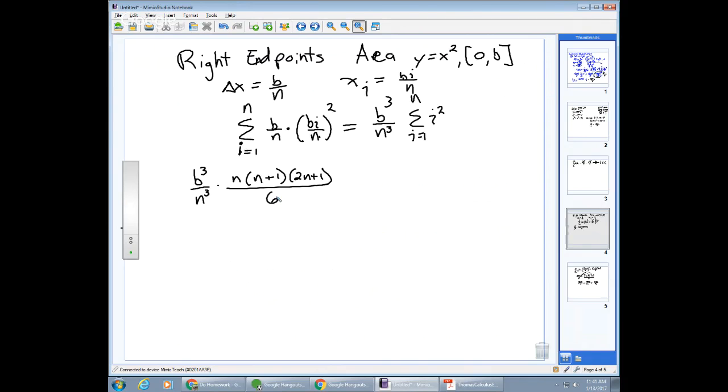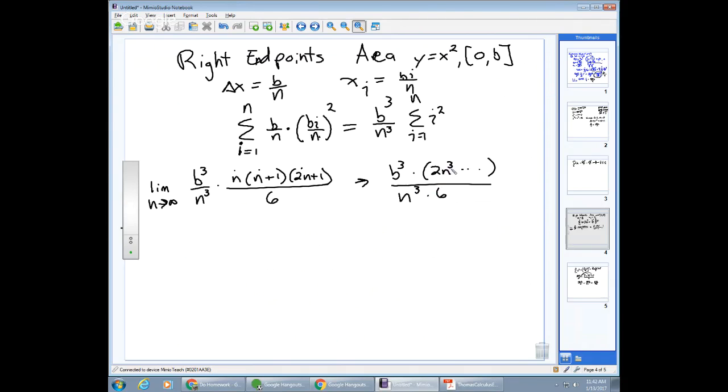To get the actual area, we take the limit of this as n increases. Here n times 2n times n is essentially 2n cubed, so this is essentially b cubed times 2n cubed, and I don't care about the other stuff, all over n cubed times 6.